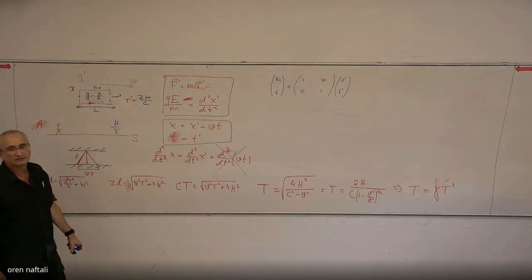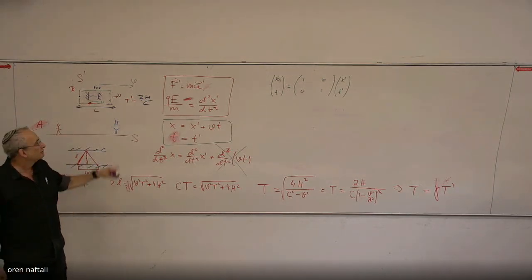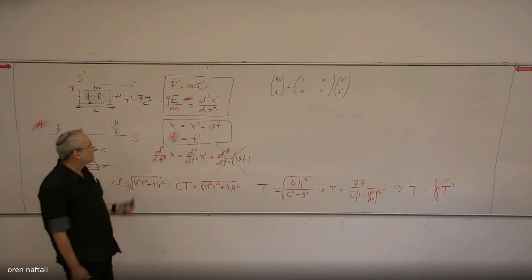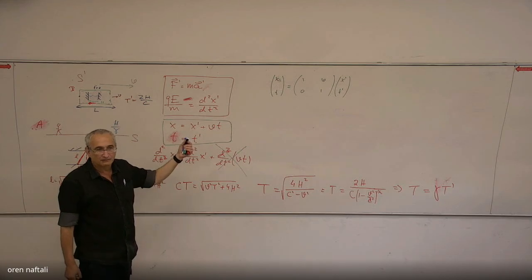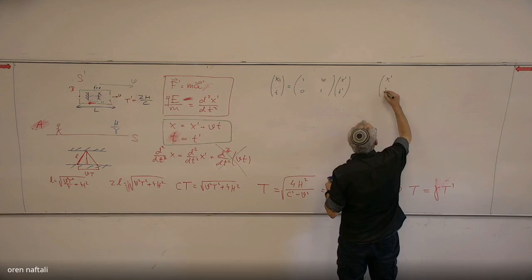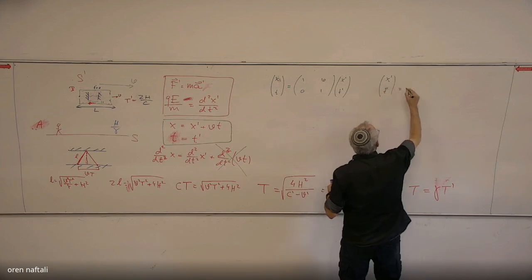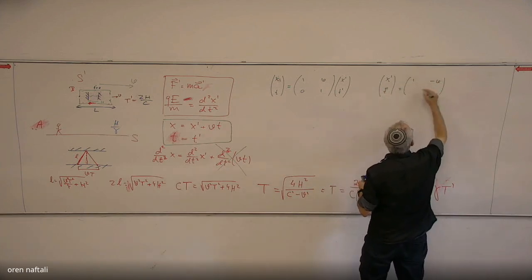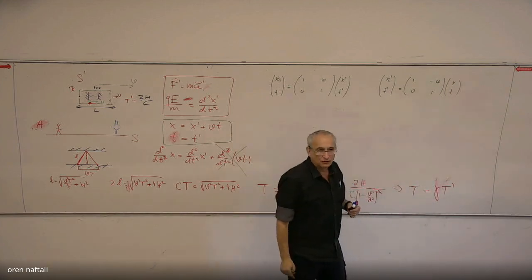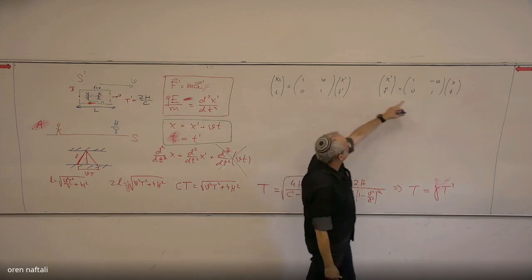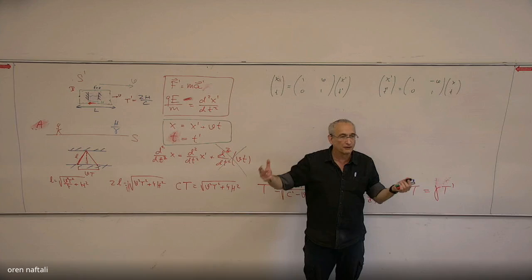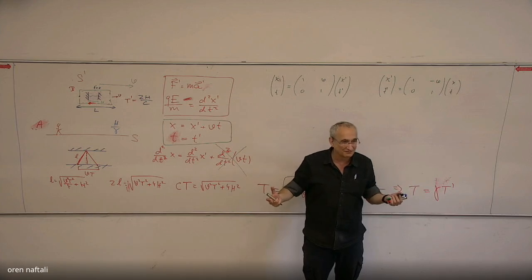How do I translate it to the guy in the S prime system? Clearly, all I have to do is put a minus on the v, because that's the only difference. So (x prime, t prime) equals the matrix (1, minus v; 0, 1) times (x, t). Note that if I multiply this matrix by that matrix, I get unity. Why? Because if I'm going back and forth, then I'm back in the same inertial frame.